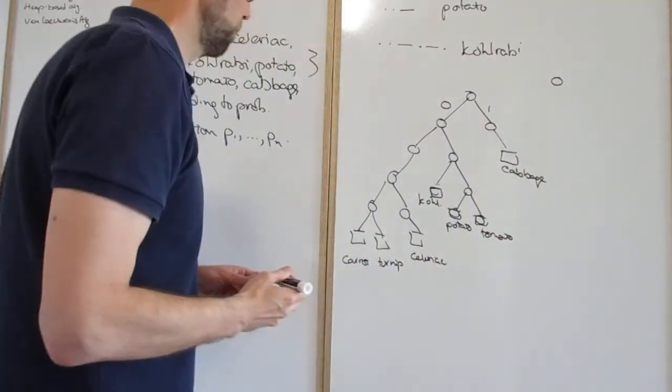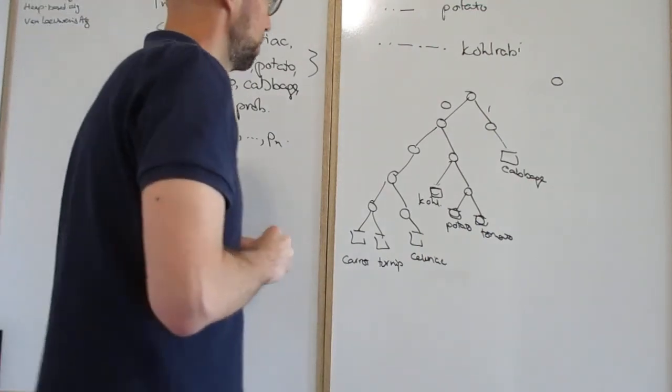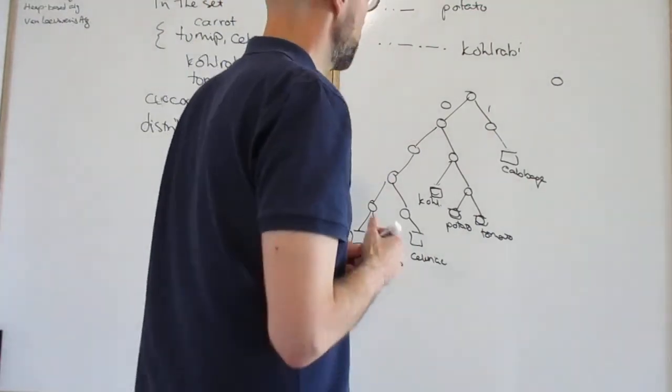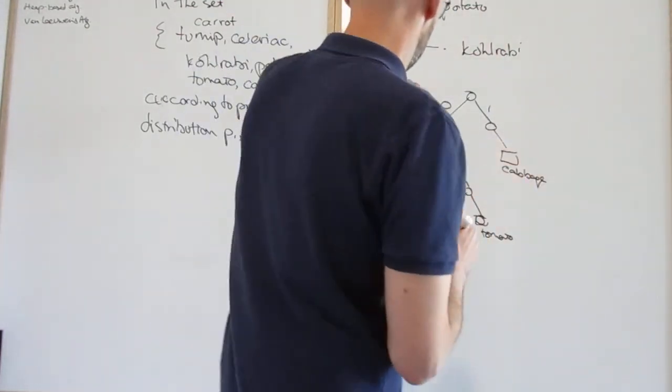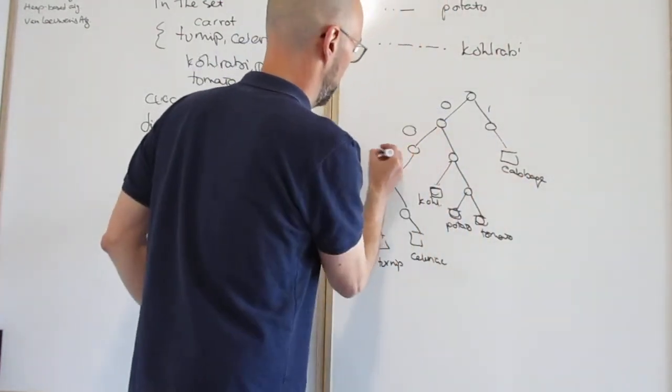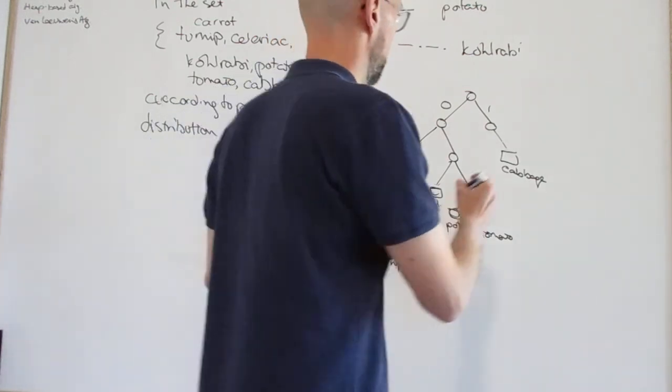Okay? So, the code word for carrot is 0, 0, 0, 0, 0.